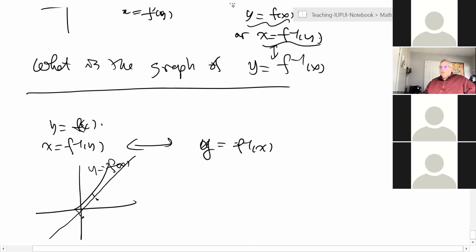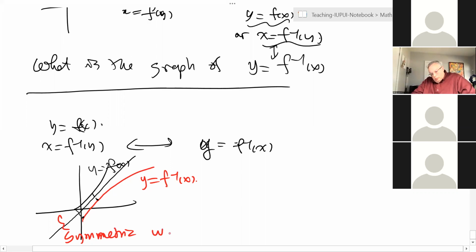It goes like that. This is y equals f. The reason is that in these two equations you just interchange the variables, so it's symmetric with respect to the line y equals x.